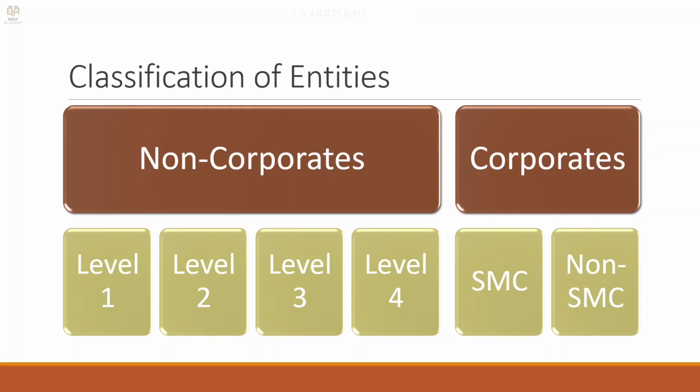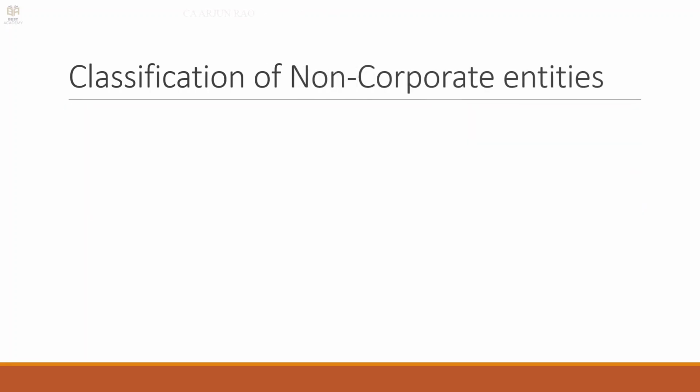Now let us study the criteria to be satisfied to get included in levels 1, 2, 3 or 4 or under SMC and non-SMC. So for non-corporate entities, as we just saw, we have level 1, 2, 3 and 4. Level 1 entities are those that are listed or are in the process of listing.